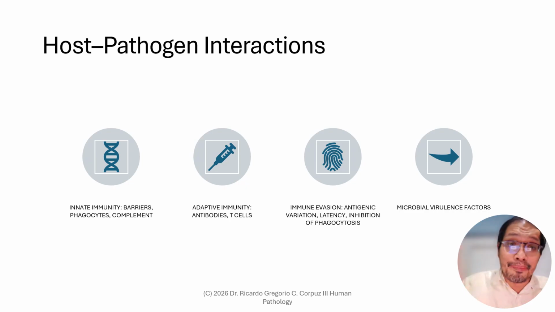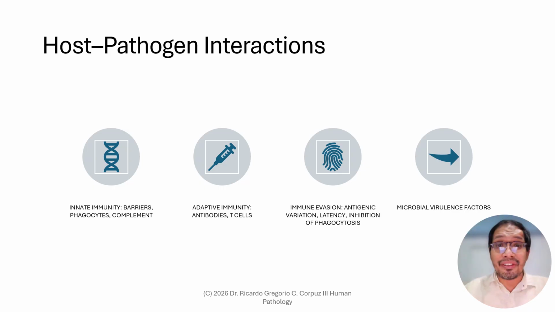Next is the balance that determines disease severity. Ultimately, the clinical outcome reflects the tug of war between microbial aggression, the virulence, replication rate, immune evasion, and host defense, innate barriers, immune competence, prior immunity.